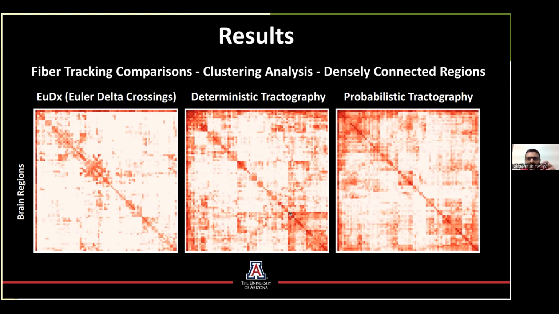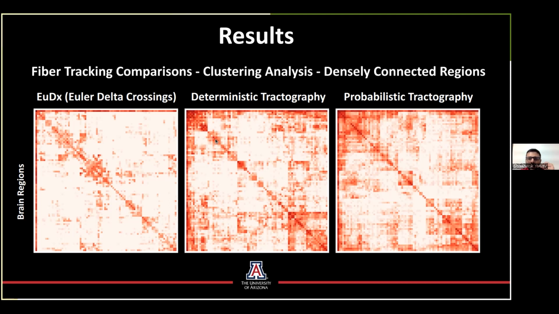But for the deterministic and the probabilistic tractography algorithms, you'll find some squares of around 20 or 30 regions together in the lower bottom corner. Based on the clustering, this analysis is telling us that if you look at the upper left corners of these images, there's a difference in the strong connectivity.